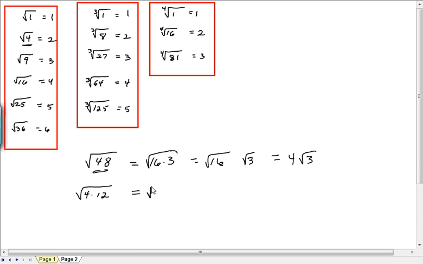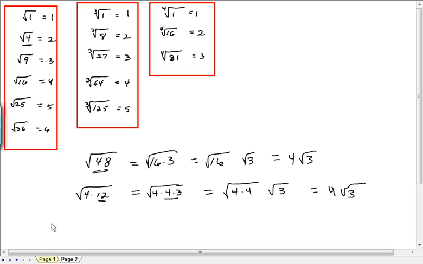So we could rewrite this as 4 times 4 times 3. 12 is 4 times 3. Now let's write this as the square root of 4 times 4 times the square root of 3, which is 4 square roots of 3. Same answer.